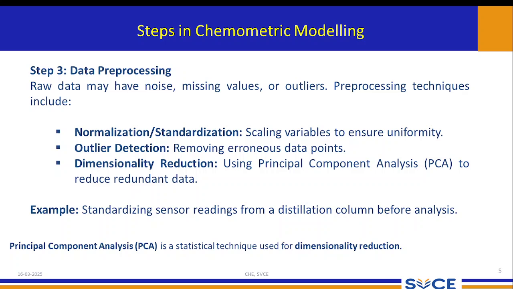Similarly, in data pre-processing, the raw data may have noise, missing values, or outliers. Outliers are deviations from the common data, like anomalies. Pre-processing techniques include normalization or standardization, outlier detection, dimensionality reduction, scaling variables to ensure uniformity, and removing erroneous data points.